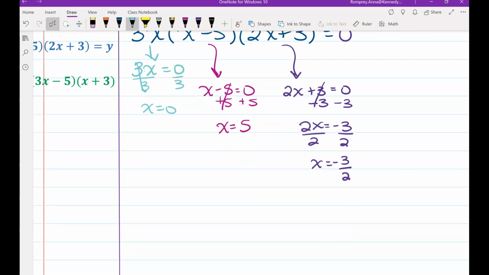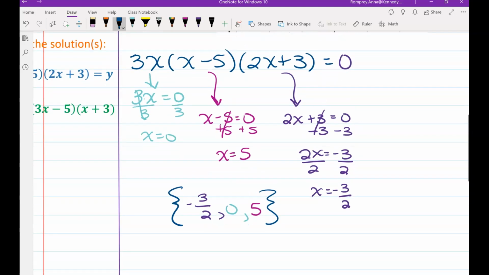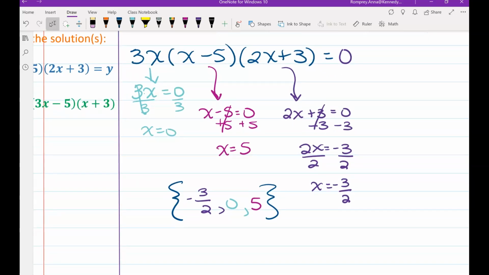So our solutions, I'm just going to list them least to greatest: negative 3 halves, 0, and 5. These are called curly brackets. It's just a notation that we have in math. So when we're looking for zeros, roots, solutions, it's all about the x-intercepts.